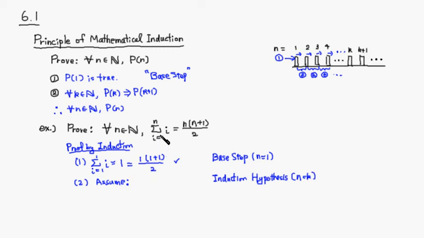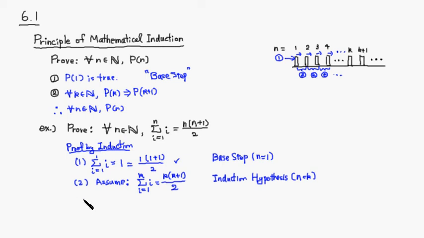We assume that when n equals k, this formula works out. So we can assume that the summation of i from 1 to k of i is equal to k times k plus 1, over 2. We can assume that as a valid formula.